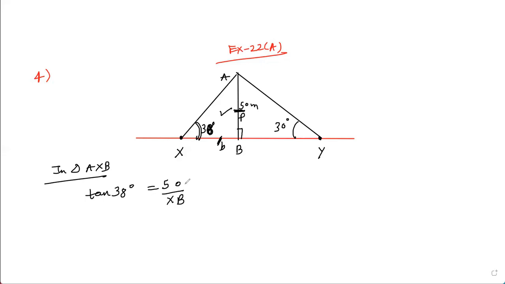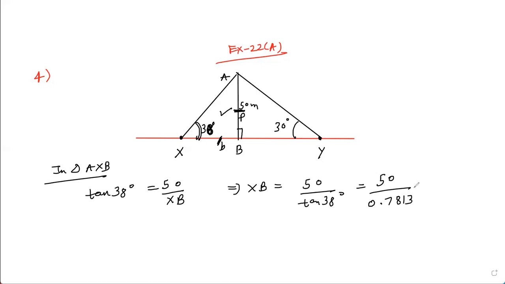Now what we want to find is the value of XB. So XB will be 50 divided by tan 38 degrees. Tan 38 degrees from the table we get as 0.7813.